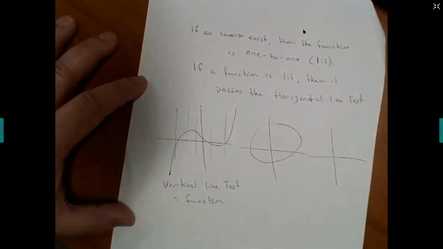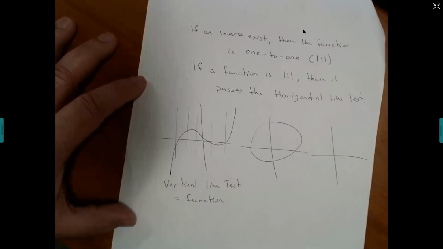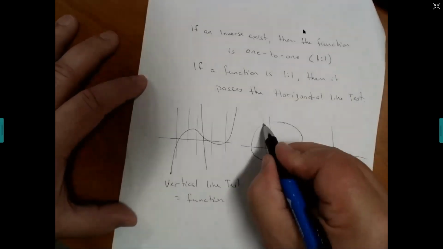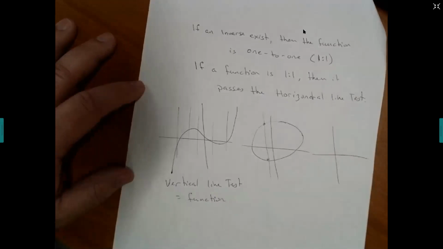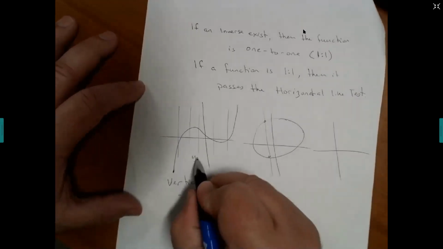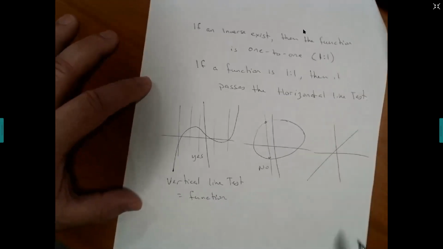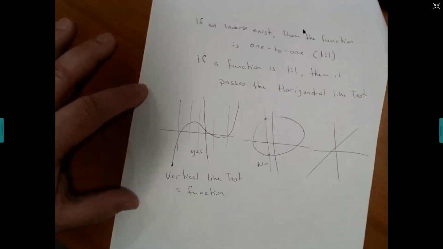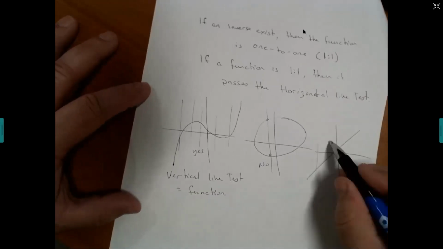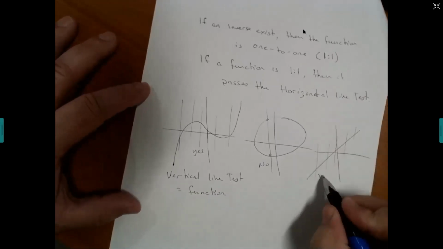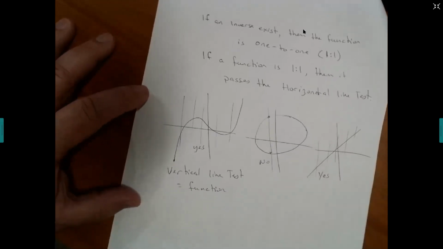Is a circle a function? No, because it passes at 2 points in the vertical line test. So yes, it is a function. No, it's not a function. How about a straight line? It does pass, so it is a function because it passes the vertical line test.